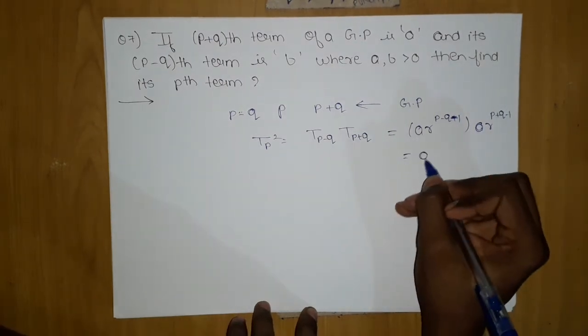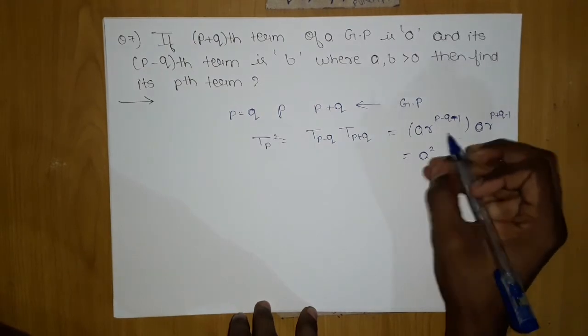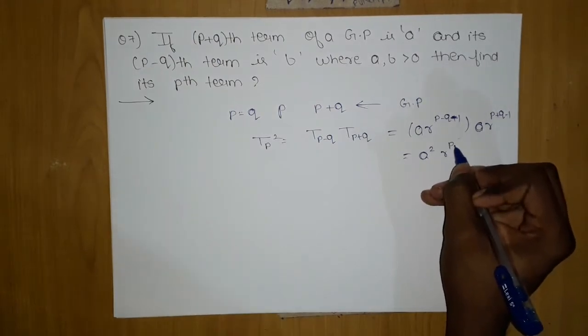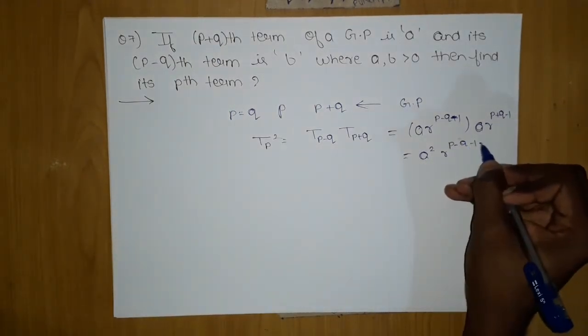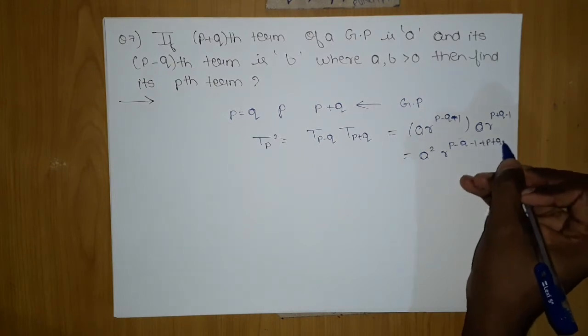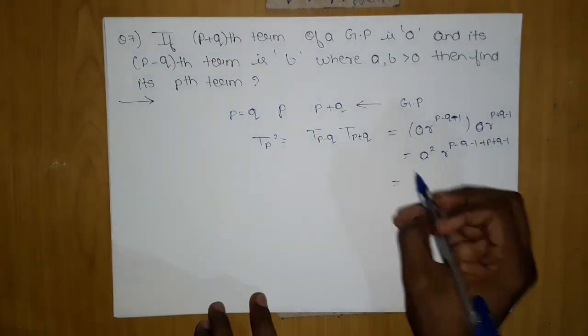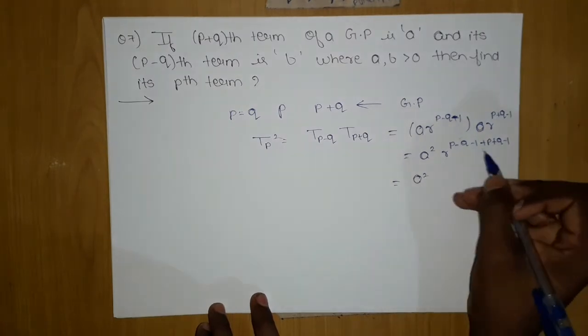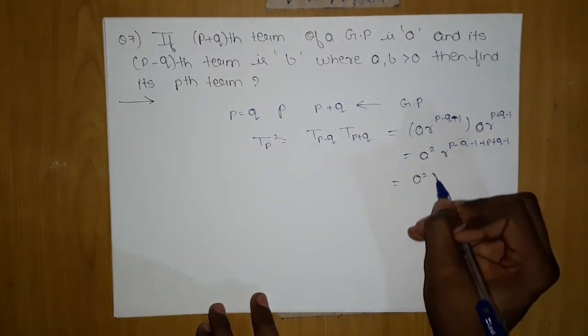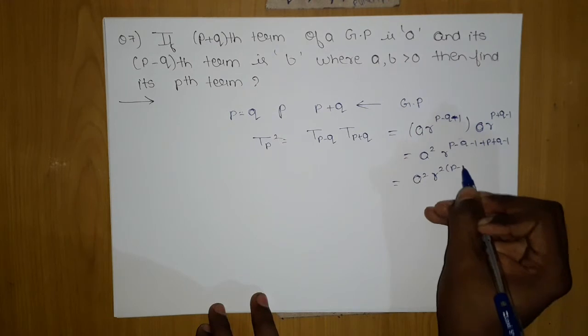Now it will become a squared, and the power becomes (p-q-1)+(p+q-1). Further, what do we get? We get a squared, q will cancel out, which gives r^(2p-2).